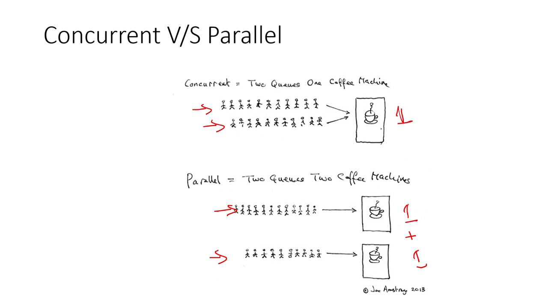You can consider one coffee machine as one core, and the two coffee machines as two cores. We used to have single core machines, but now we have dual or multiple core machines.